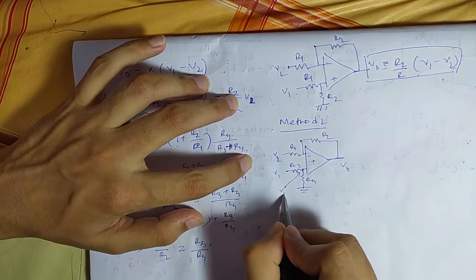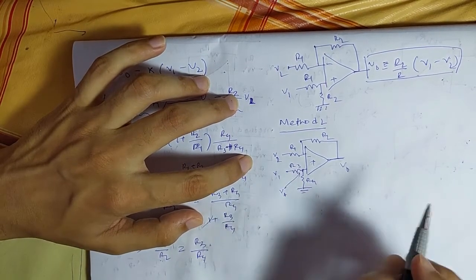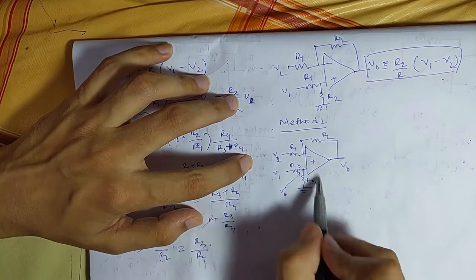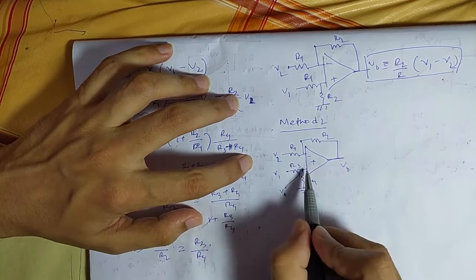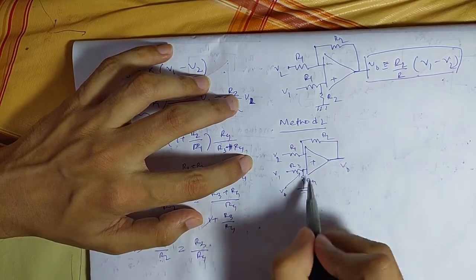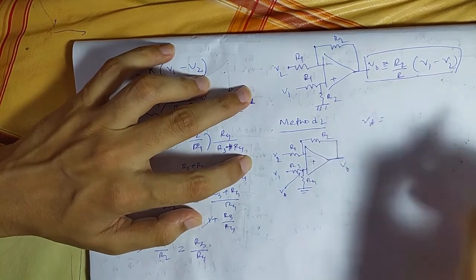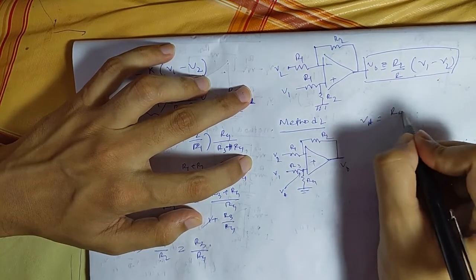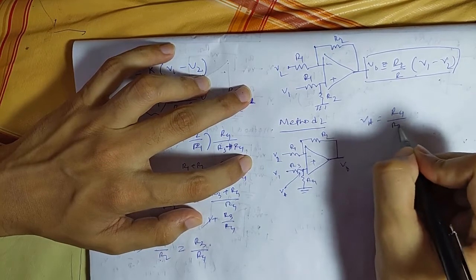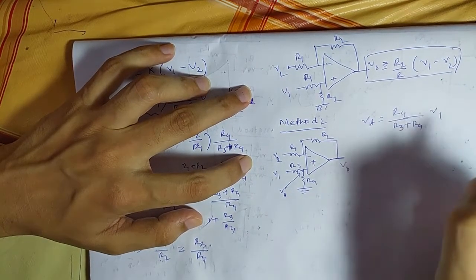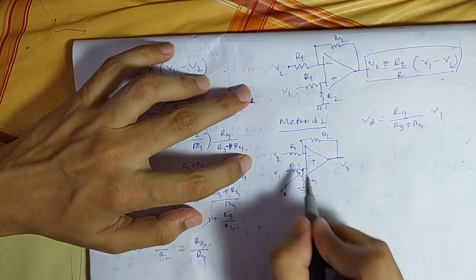So we'll find VA first. You can see it will act as a simple voltage divider. There will be no input current. So VA will be R4 by R3 plus R4 into V1. So that will be this node potential.